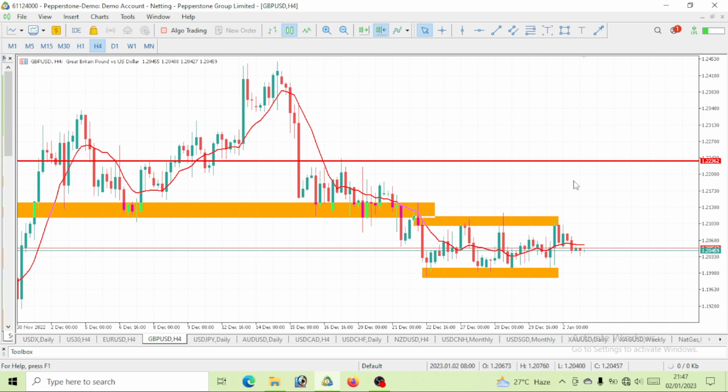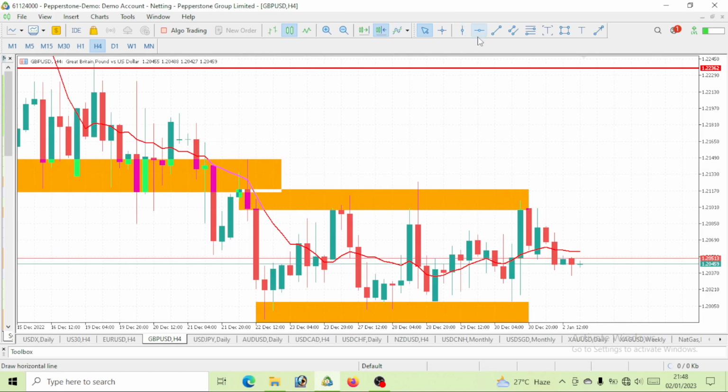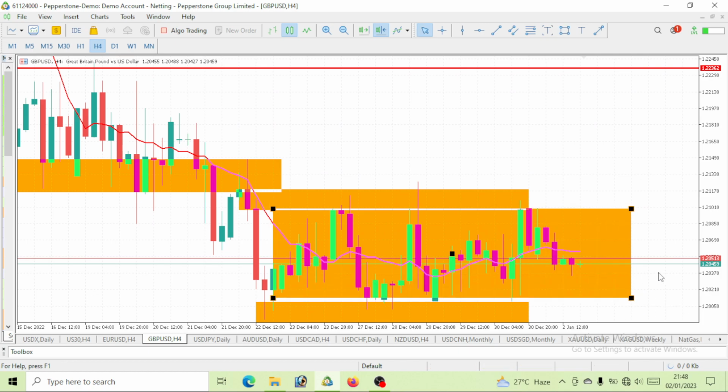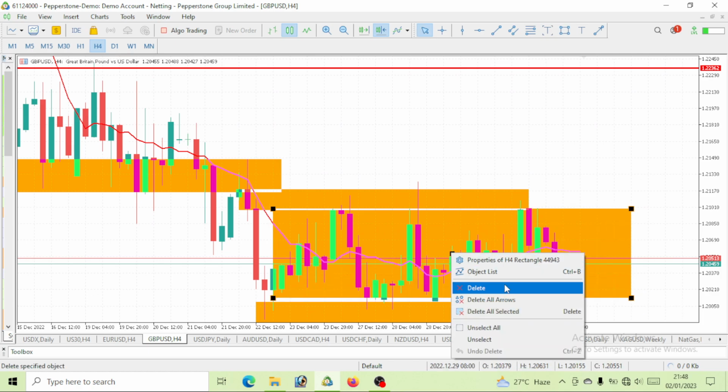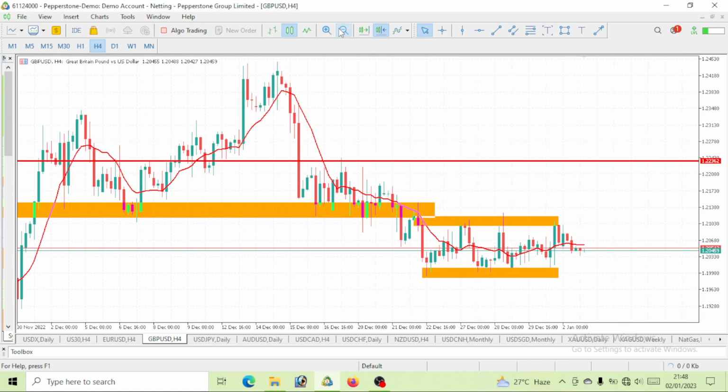Now, what can you see on the 4 hour time frame here? You can see it, right? This price is actually ranging. That is why I said we want to trade what we see and not what we think. Like I said previously, we will be expecting a bullish move on GBPUSD. But we would only consider going bullish if price eventually breaks this resistance level.